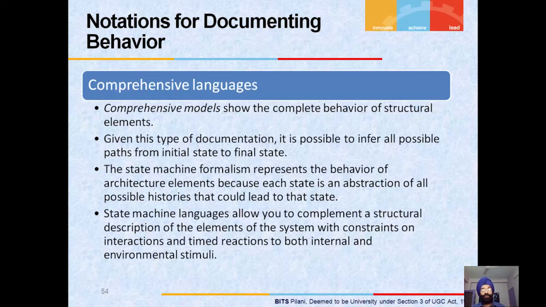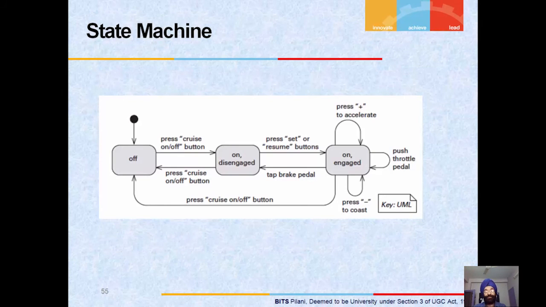Now, comprehensive languages, various models to complete behavior of structural elements are being presented. You can have a state machine language which presents the state machine diagrams giving the states of the system.